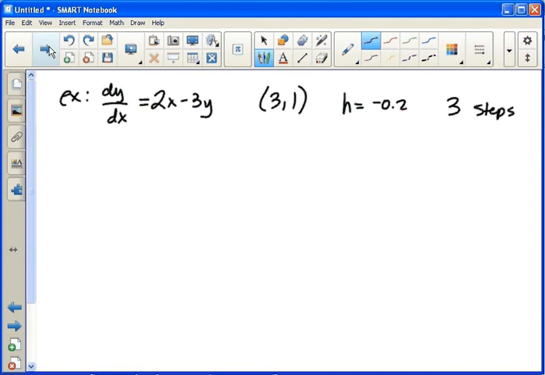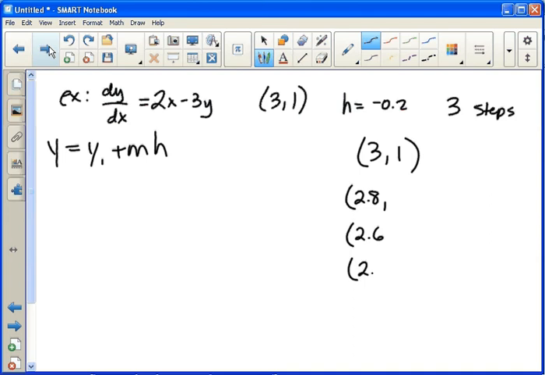Our starting point is 3, 1. We're going down by 0.2 each time. So we'll go 2.8, 2.6, 2.4. So y1 is our newest y value, which is 1. I'm just getting that from right here. And then we need our slope. So I plug 3, 1 into the differential equation.